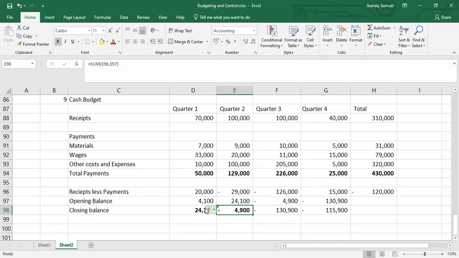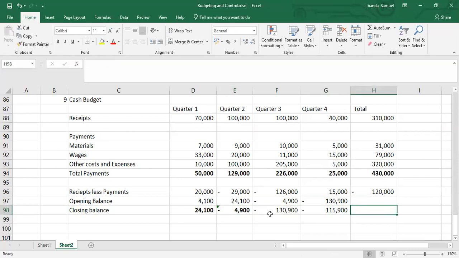This would now prompt management to plan in advance, let's say take credit during this time. The same thing with quarter 3 and quarter 4. So ideally, management should look at these respective deficits as they are, and then determine how much money they will need to borrow to be able to cover up the deficit.